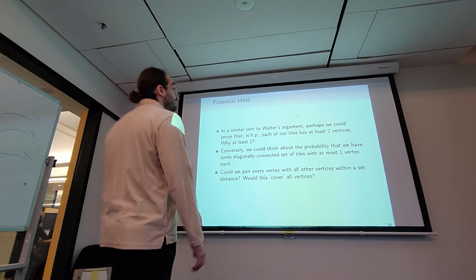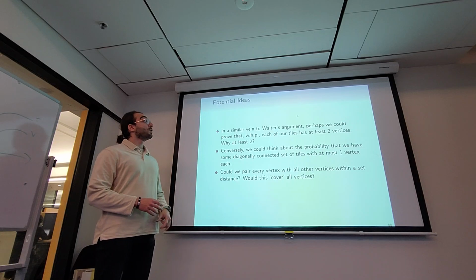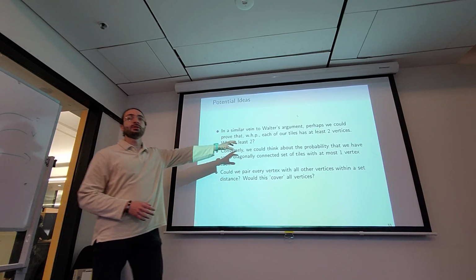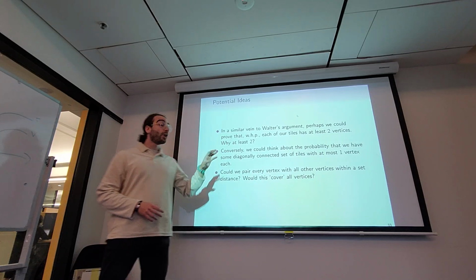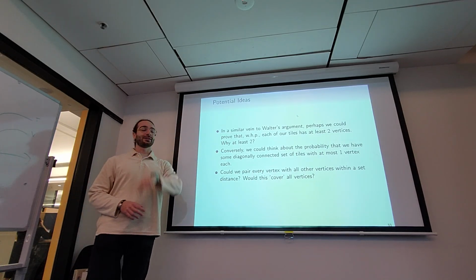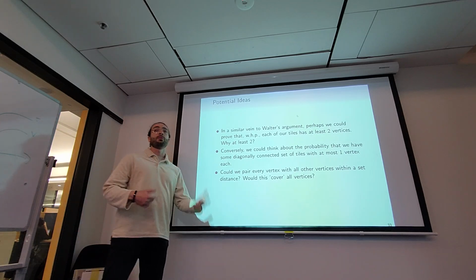So some potential ideas, we're looking at a similar style to Walter's argument. We want to prove that with high probability, each of our tiles has at least 2 vertices. Why at least 2? I'll go into that in the next slide. We could also think about it in the opposite sense.